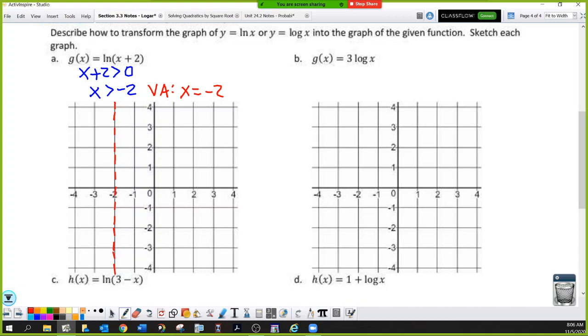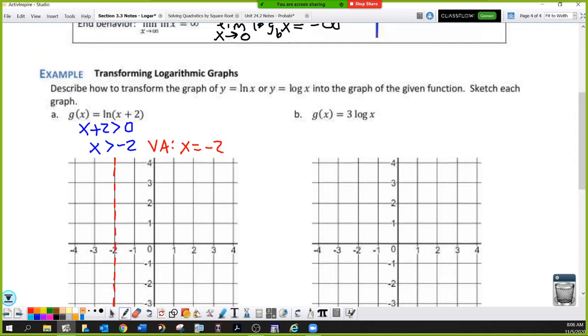So how do we find those 2 pretty points? Let's call them the pretty points. They're always found the same way. Two pretty points are found like this. Ask yourself, what x makes the argument equal 1?